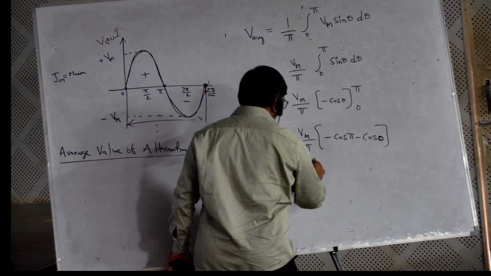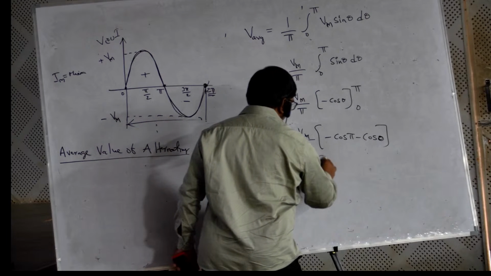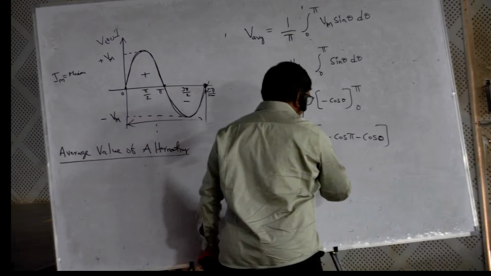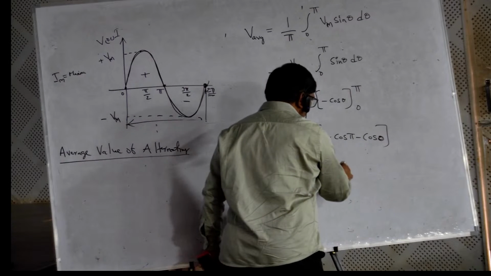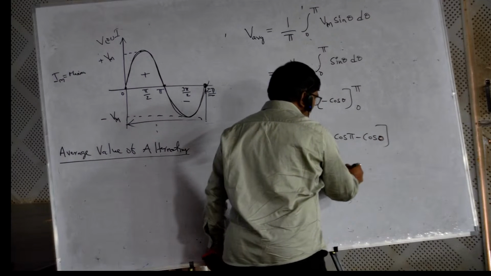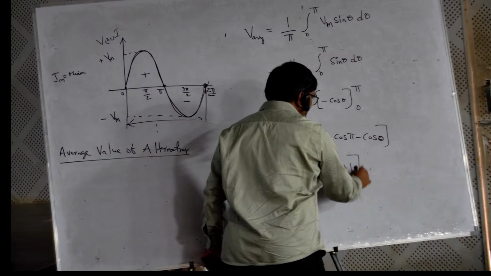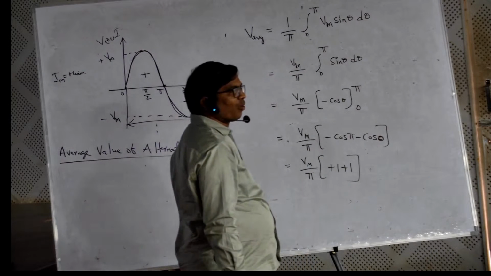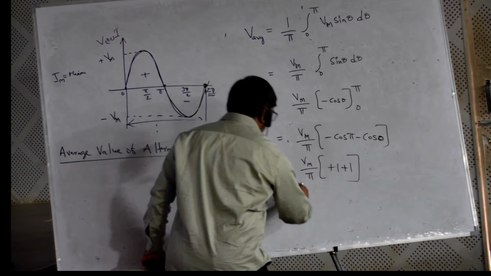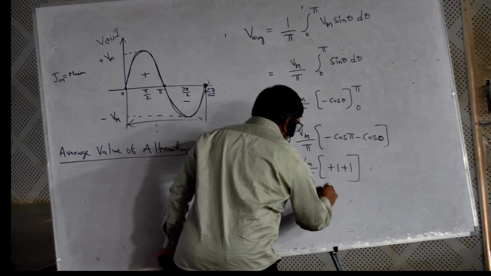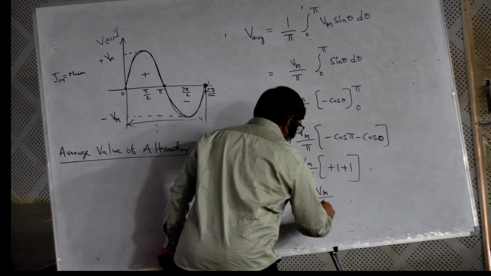Vm by pi, cos pi is minus 1, so minus into minus gives plus 1, minus of cos 0 gives minus 1 plus... So now here we will get 2 Vm by pi.